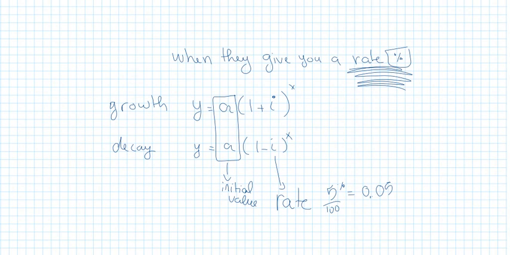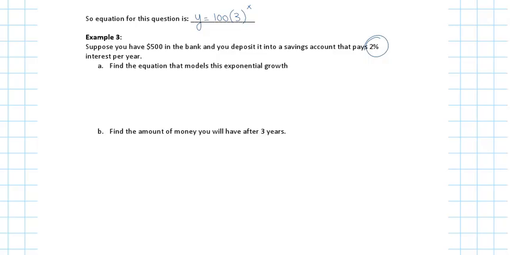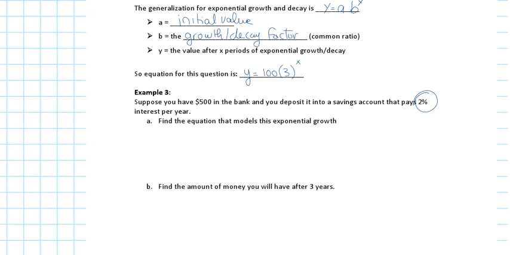Let's look back at that example. Suppose you have $500 in the bank, and you deposit it into a savings account that pays 2% interest per year. Find the equation that models this exponential growth.